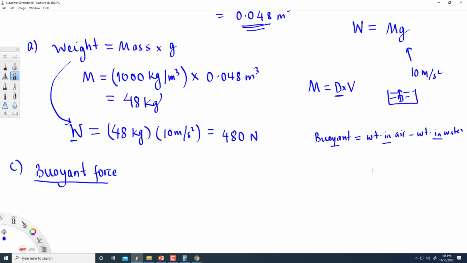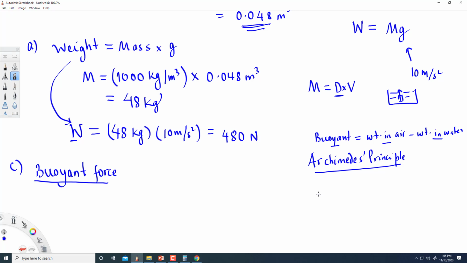And from Archimedes' principle, a couple of weeks ago we talked about this Archimedes' principle.